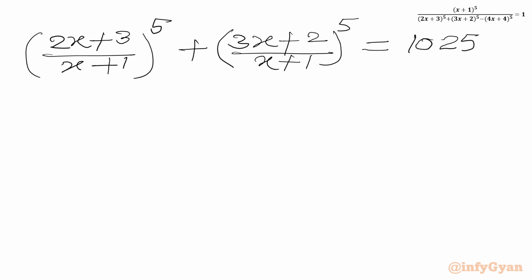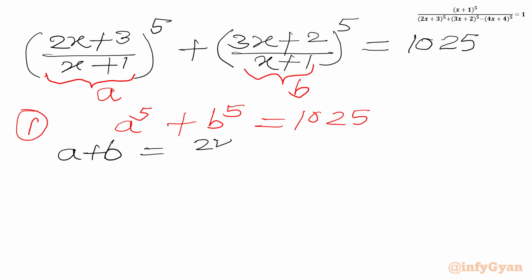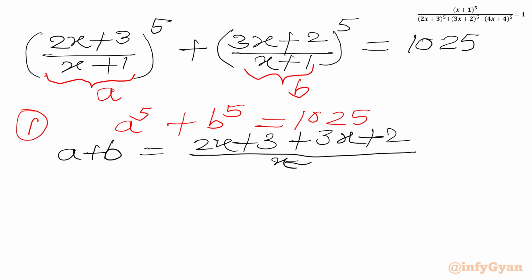Now we are going to use substitutions. Let's say the first bracket is A and the second bracket is B. So I can write our first equation straight away: A power 5 plus B power 5 equal to 1025. Now we will calculate the value of A plus B. A plus B will be equal to (2x plus 3 plus 3x plus 2) over the common denominator x plus 1.